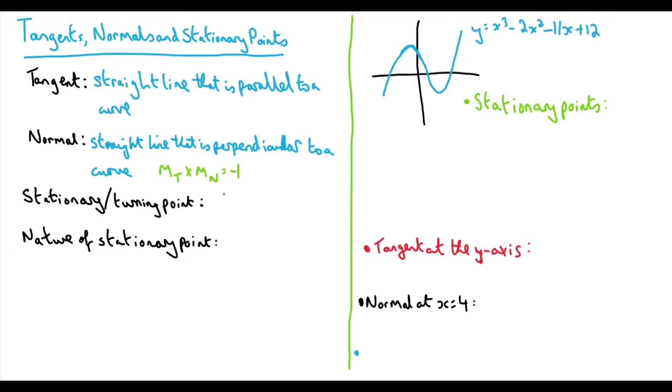Now, as for stationary points, also referred to as turning points, the idea we'll be working with is that at those points, the gradient, dy over dx, equals 0. We can have three types of turning point, which may be referred to as their nature. You may have a maximum point here.